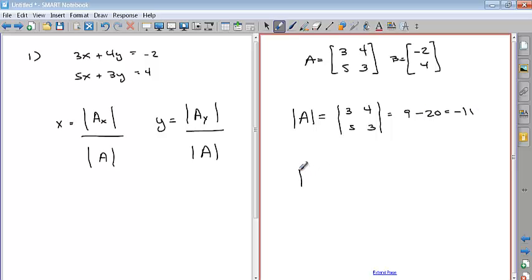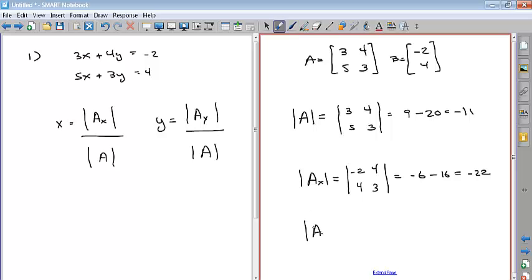Now, A sub x: you have the original coefficient matrix, but for the x column, which is the first column, you replace it with negative 2, 4, and the second column stays the same. So the determinant is negative 2 times 3, which is negative 6, minus 4 times 4, which is 16, so that becomes negative 22.